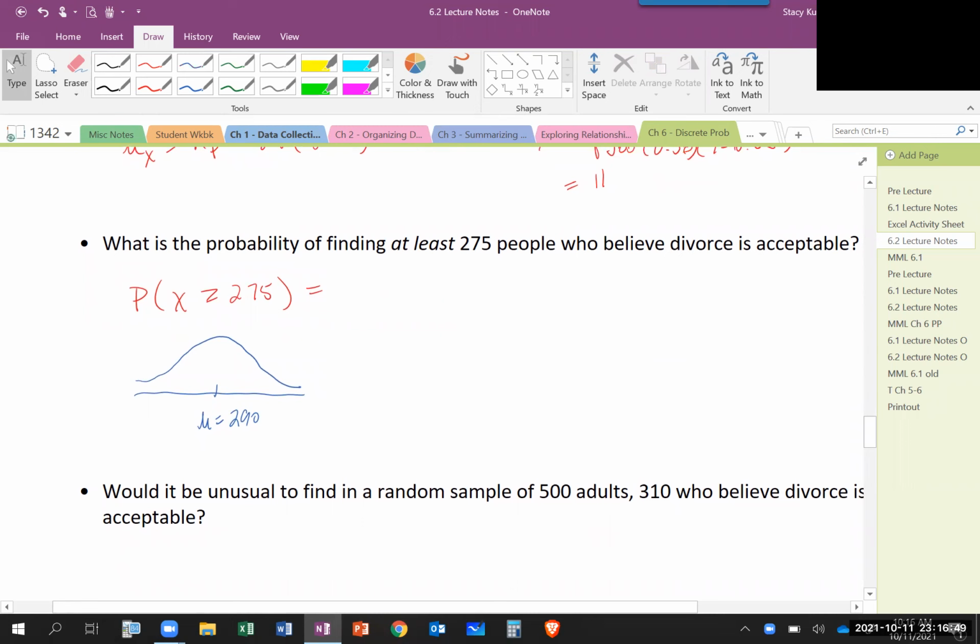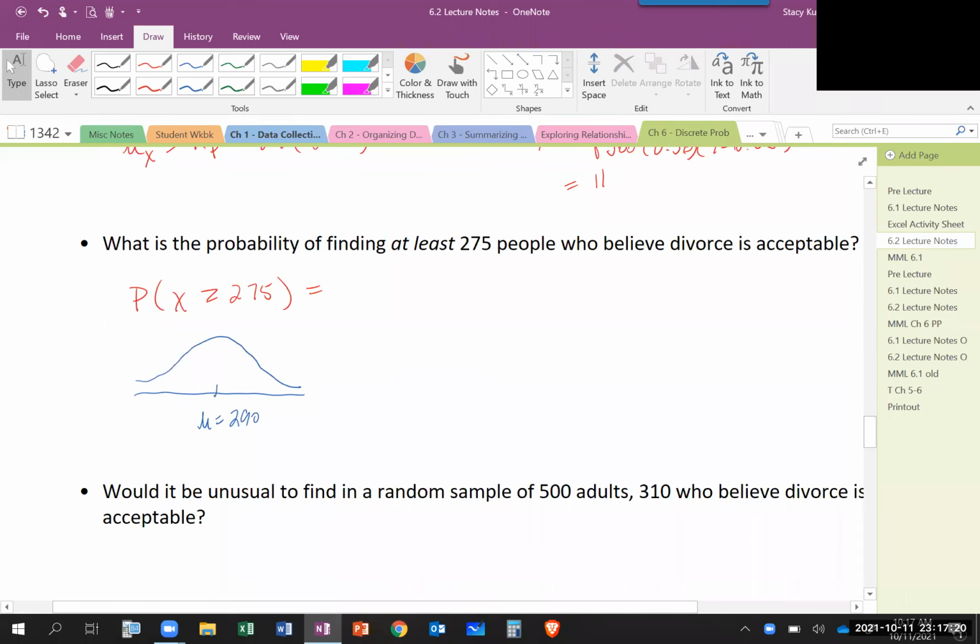That's the middle. Yes? Do we understand what I'm just drawing here? This relates to what you were reading, Erica, maybe? All right, so this is our distribution here, and I wonder what the probability is if I have 275 or more. If I were to just draw a line representing 275 on this graph, where would it fall in relation to 290?